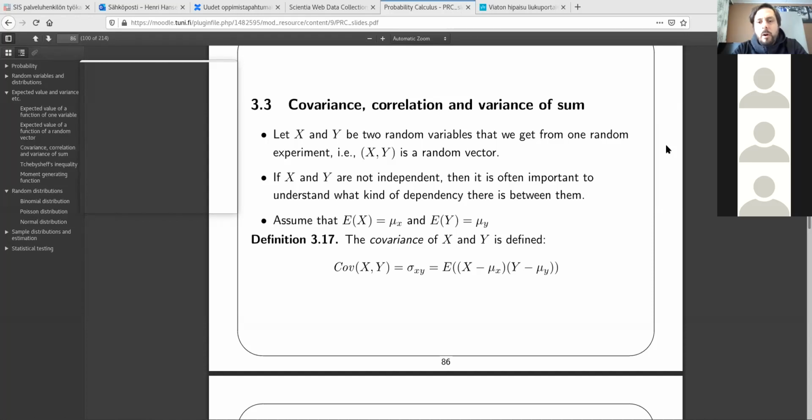So if y is big when x is big, and y is small when x is small, or tends to be, then the covariance is positive. On the other hand, if x is small when y is big, or tends to be, and vice versa, then the covariance would be negative. And the covariance would be zero if there's no relation.